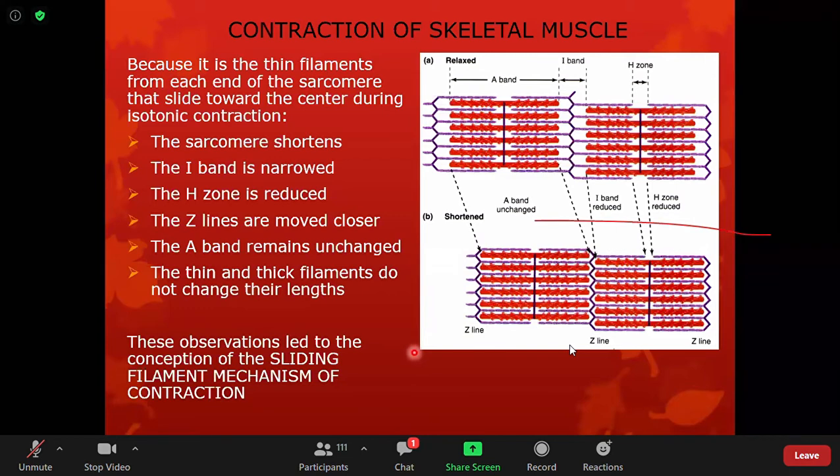Letter D, the A band shortens. Letter E, the Z lines are moved closer. So A, B, C, D. The answer is D. The A band is shortened.